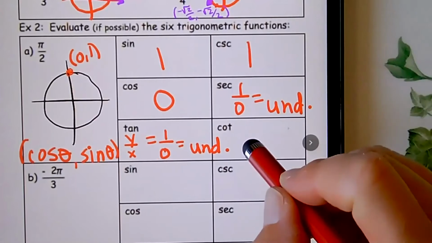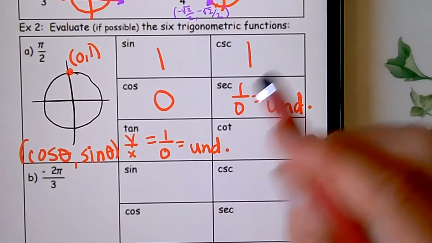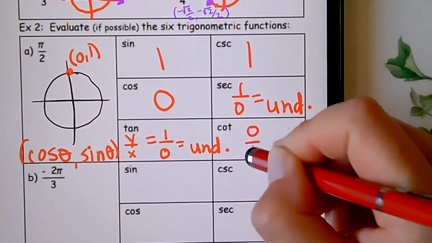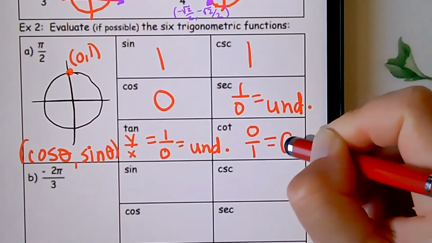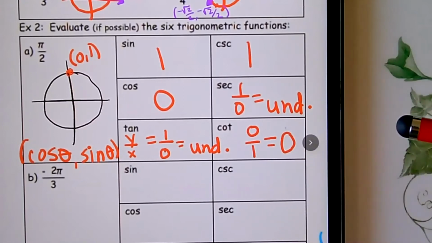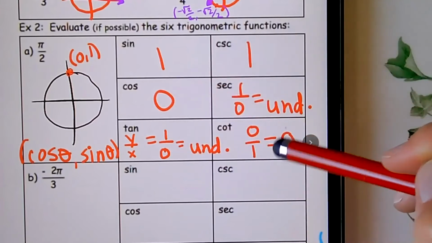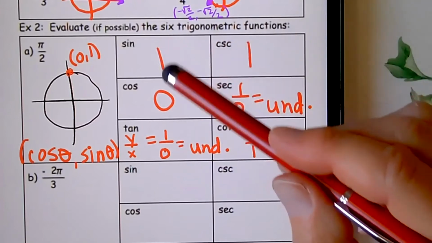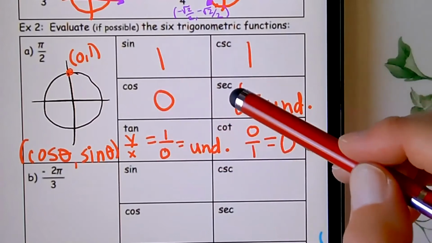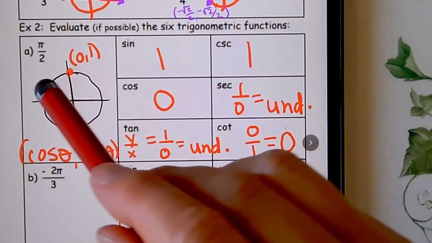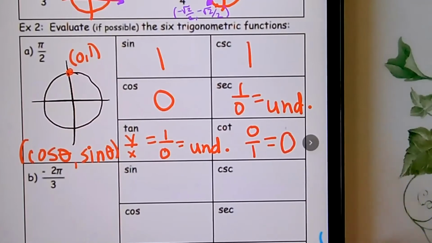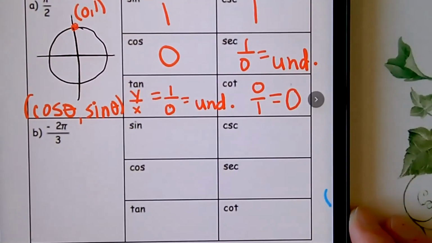My cotangent is going to be the reciprocal of this. So that's going to be 0 over 1, and 0 over 1 is 0. And those are my 6 values for sine, cosine, tangent, cosecant, secant, cotangent of pi halves. And I did all that just from my unit circle.